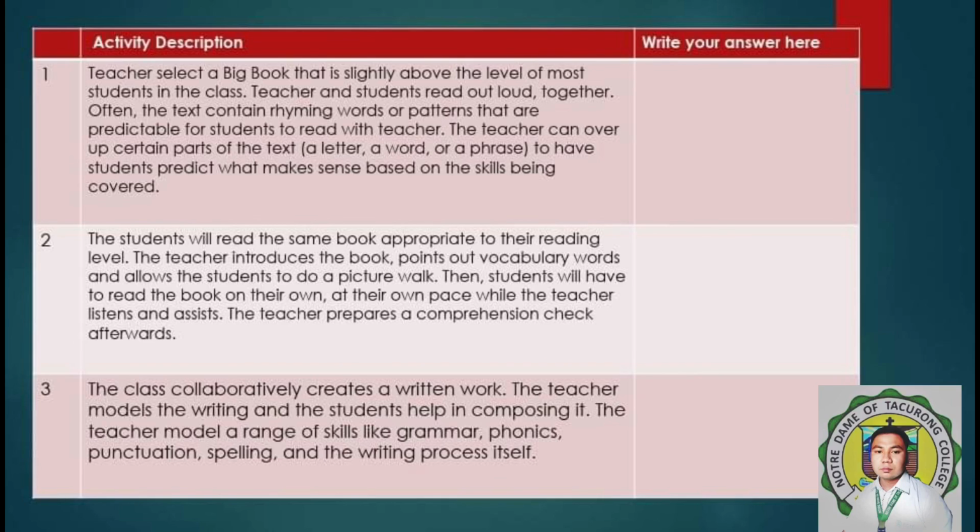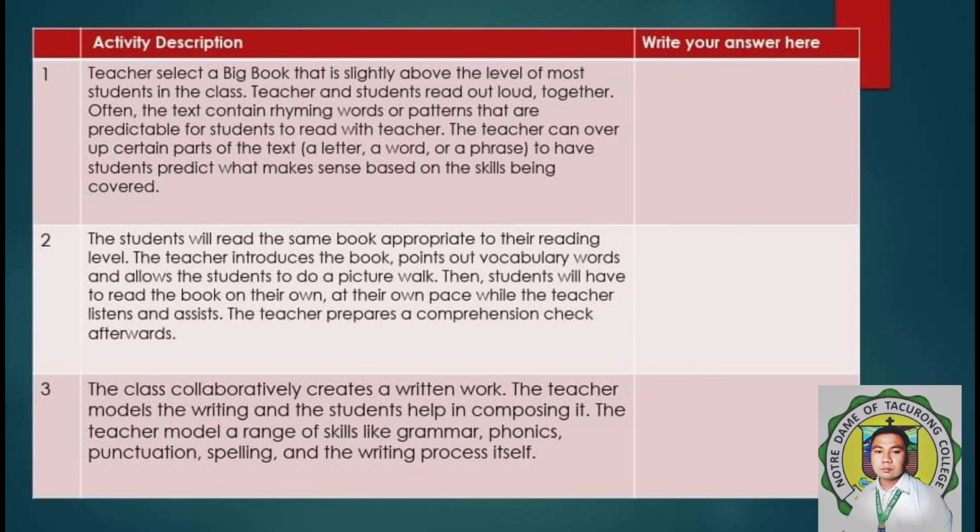Number 2, the students will read the same book appropriate to the reading level. The teacher introduces the book, points out vocabulary words, and allows the students to do a picture walk. Then, students will read the book on their own, at their own pace, while the teacher listens and assists. The teacher prepares a comprehension check afterwards.